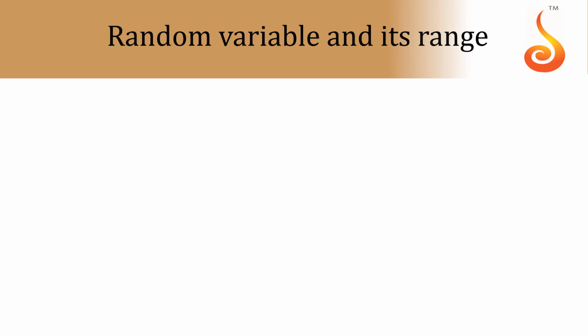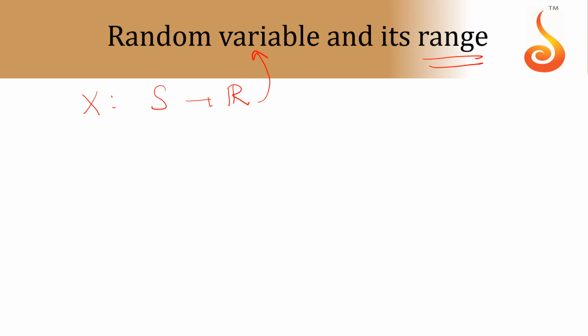Random variable and its range. So if capital X is a function from sample space to real numbers, it is called a random variable. So a function will have a range, that is called the range of the random variable. A range can be a countable set or uncountable set.